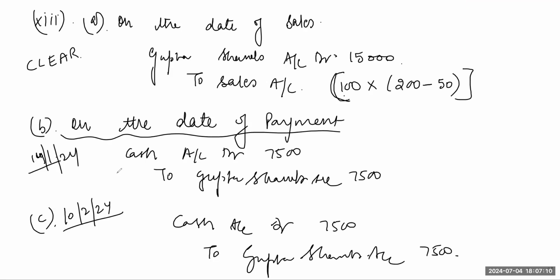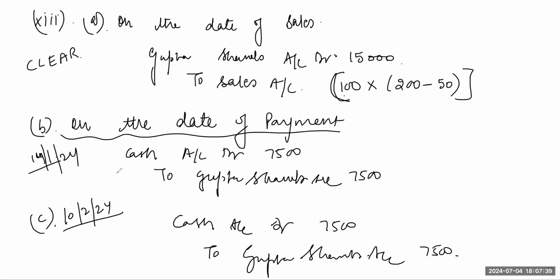Sold to Gupta Shawls 100 shawls at rupees 200 per shawl on 4th January 2024. Trade discount 25% and cash discount 5% if full payment is made within 14 days. Gupta Shawls sent 50% of the payment on 14th January 2024 and balance payment on 10th February 2024. So are they eligible for the cash discount?